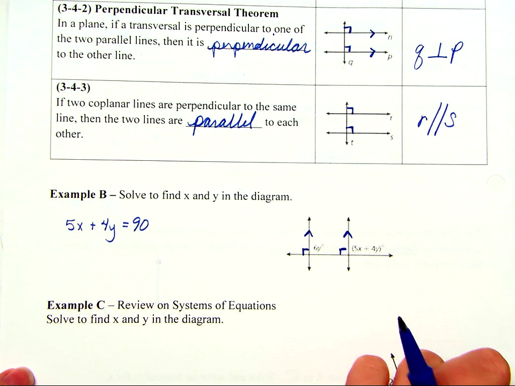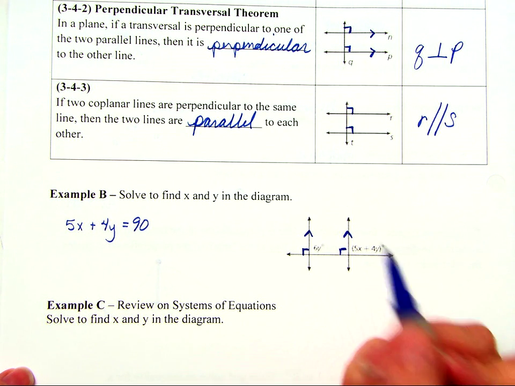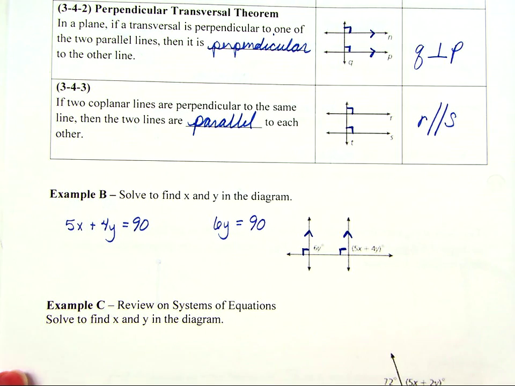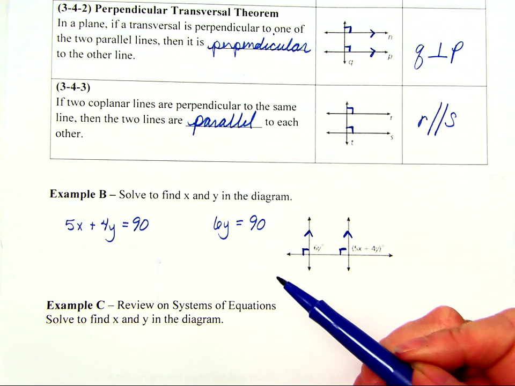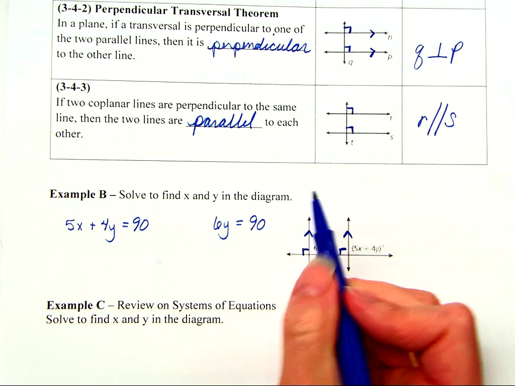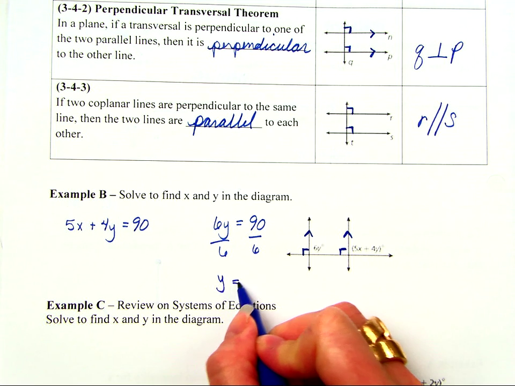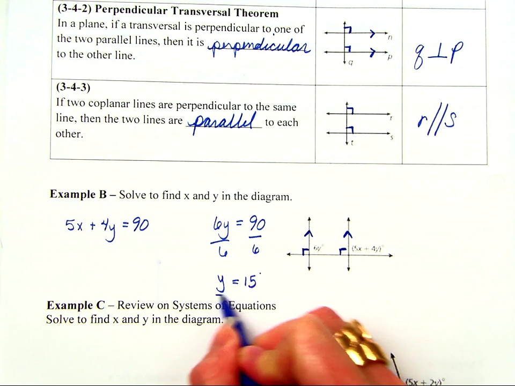However, here, I can look at my other equation and see that we can also say 6y equals 90. So in this case, we're going to want to solve for y first, and then plug it back in to solve for x. We're going to find out that y is equal to 15 degrees.